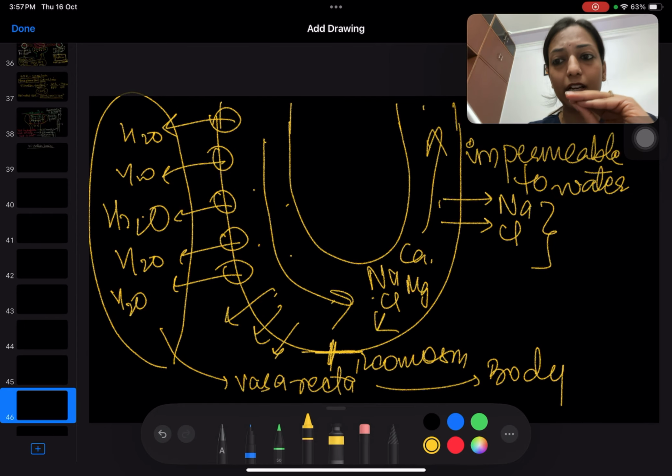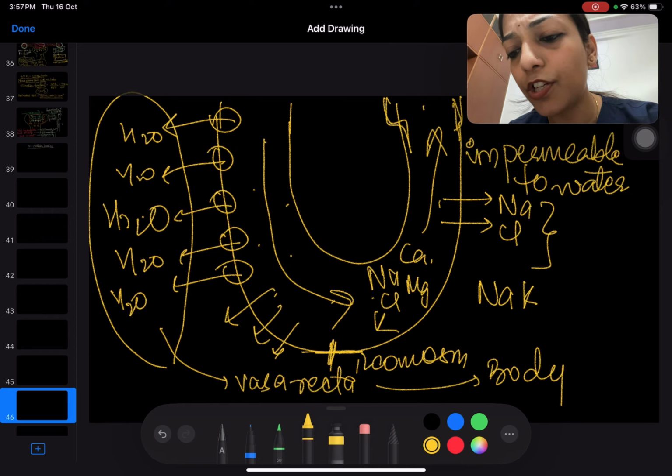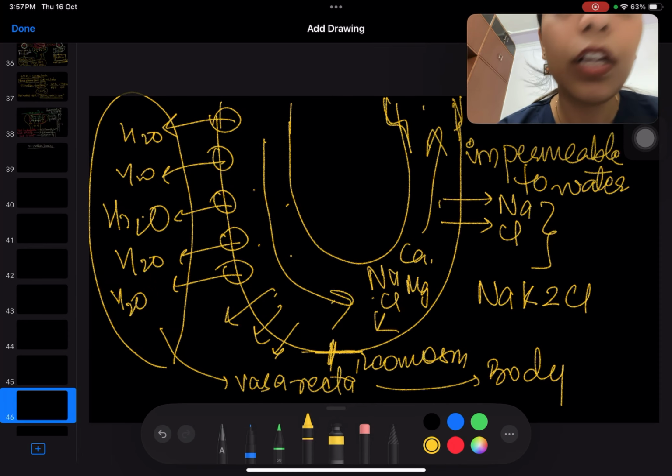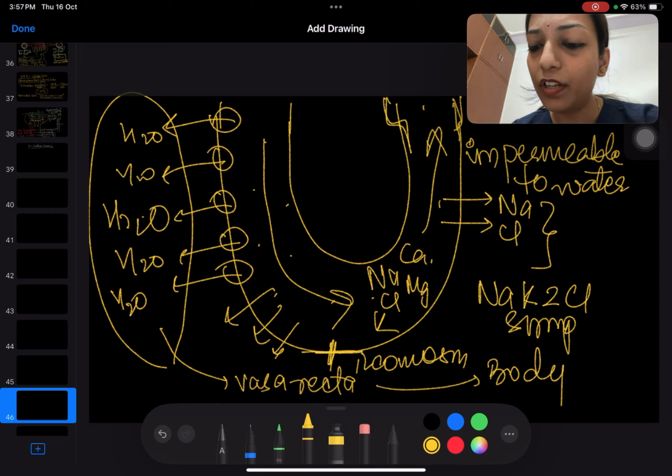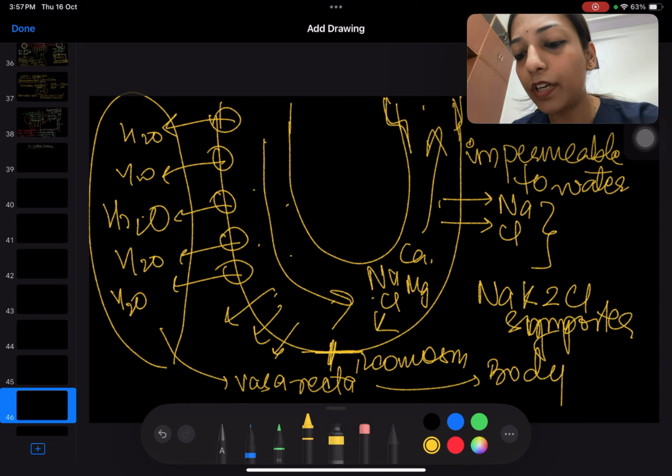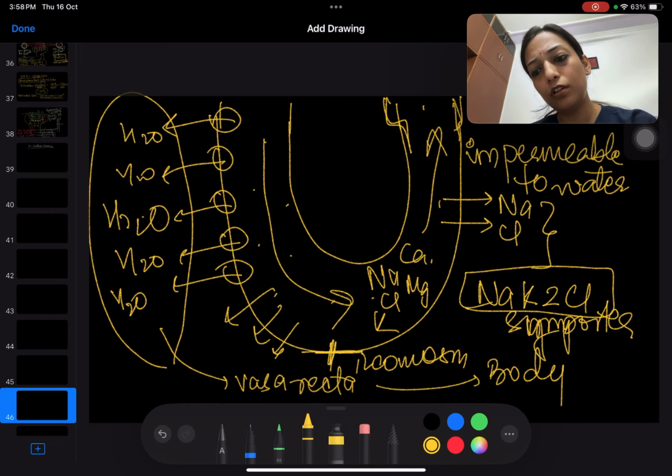Right? So see, now this is the ascending limb. Now there is thick ascending limb here. The thin ascending limb has sodium, potassium, 2 chloride. This is the symporter that we have, which absorbs lot and lot of sodium, potassium and chloride.